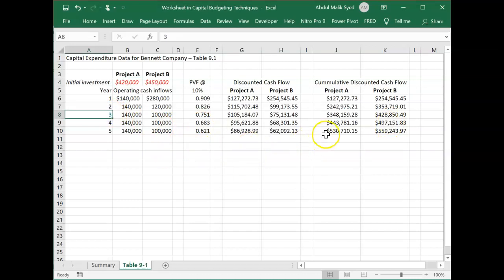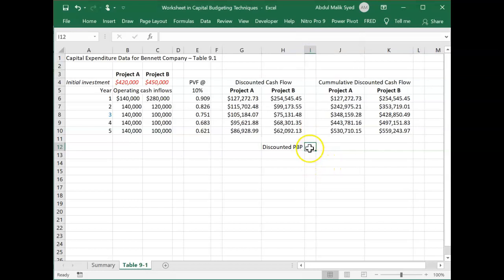So the discounted payback period, for project A, is 3 years plus a fraction of a year.